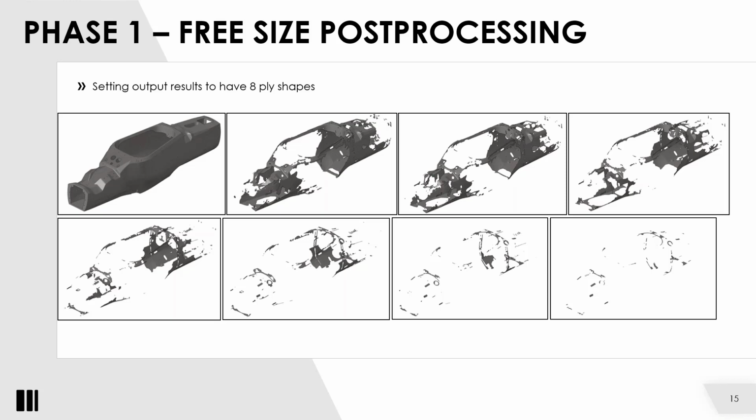You can change this to get 8 ply shapes out of every direction, and this basically allows HyperWorks to really refine the patches at certain areas. So you only have more layers but smaller patches, and then in the end you get more stiffness by less weight.